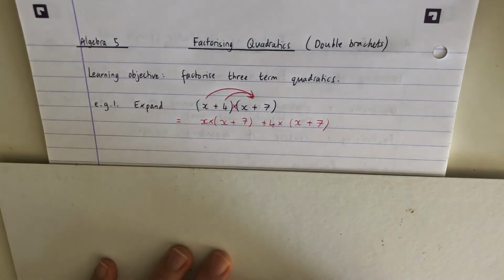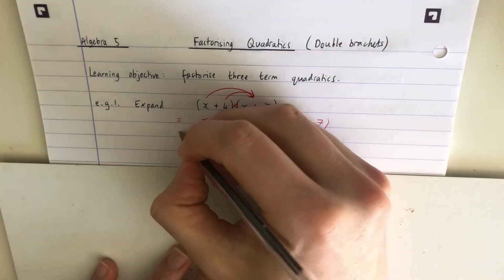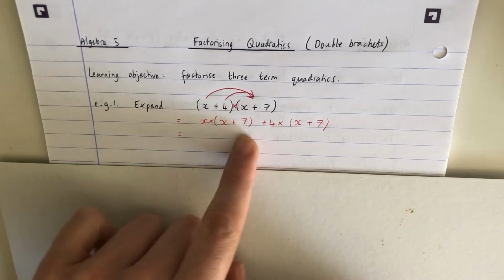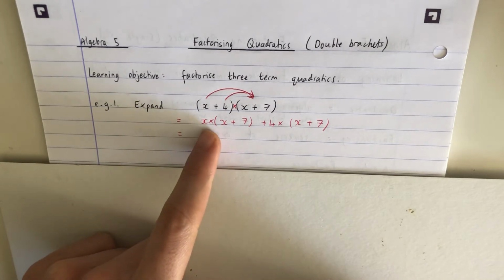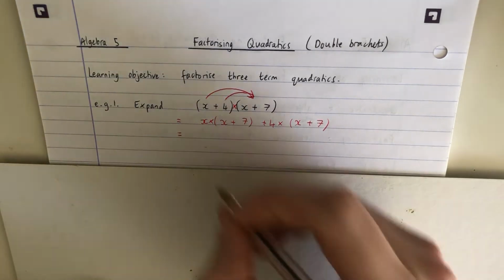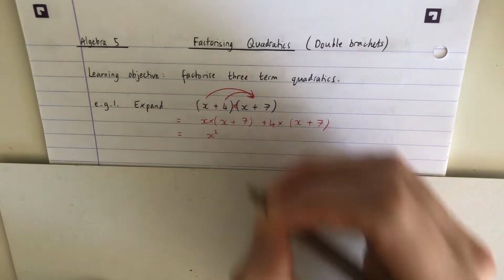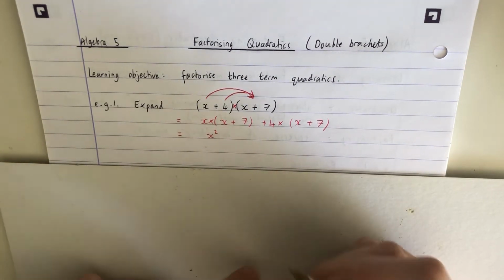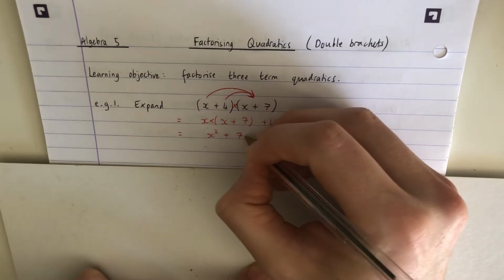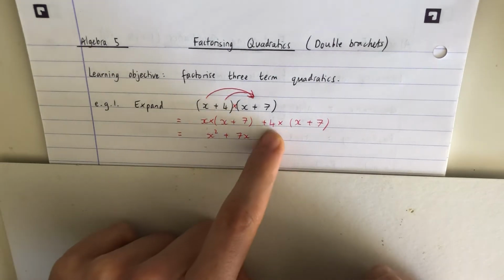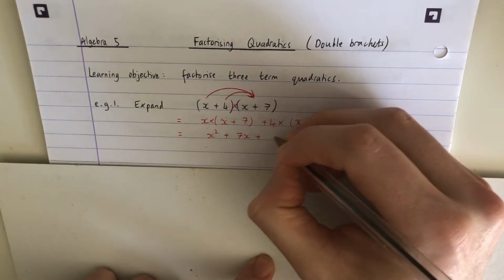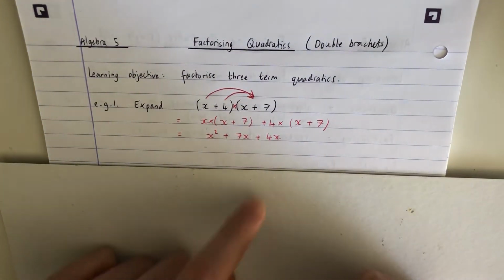Put the times signs in. And then you guys know how to expand single brackets. We established that last time. x times x would give you x squared. x times 7 gives you 7x. 4 times x is 4x.